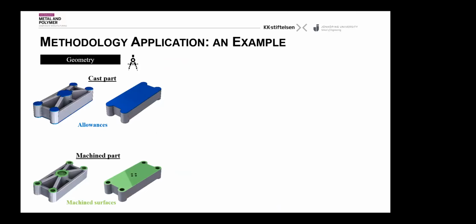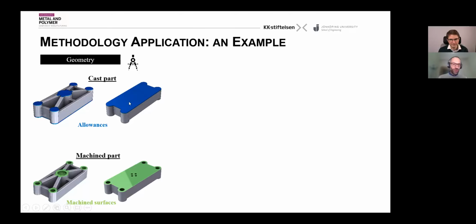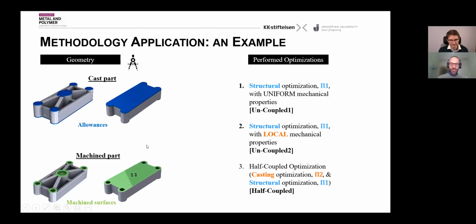So we did an example of this kind of interaction with a cast part. It was a ductile iron casting, 5 tons. Here you can see on top the cast part with the allowances in blue, and then the machined part with the machined surfaces in green.